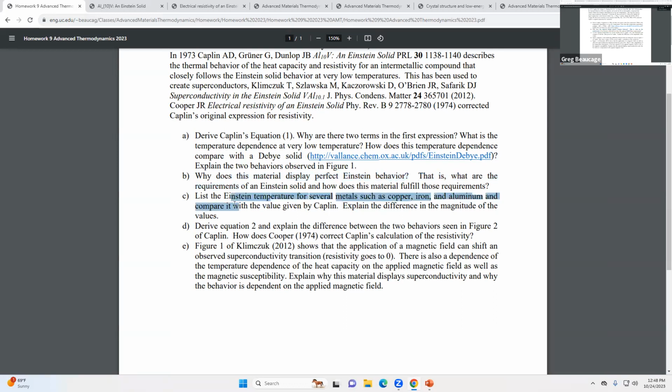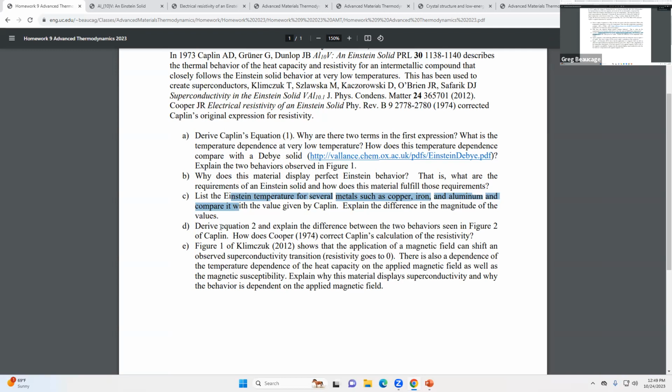and then list the Einstein temperatures. One group listed the Debye temperatures. They're 2 different temperatures. The Debye temperature is apparently a temperature above which you've excited all the modes. The Debye also has modes, and there's a minimum mode in the Debye, so there's more than one vibrational frequency associated with the different modes of vibration.